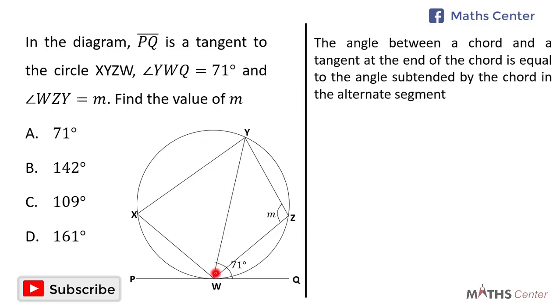In this diagram, we have the chord WY. This chord creates two segments. We have the major segment here and the minor segment here. We can also see that there's an angle formed between the tangent PQ and the chord WY.